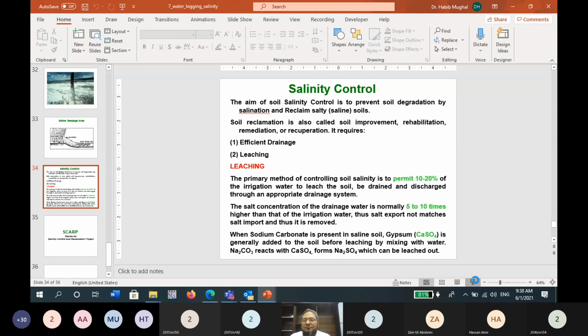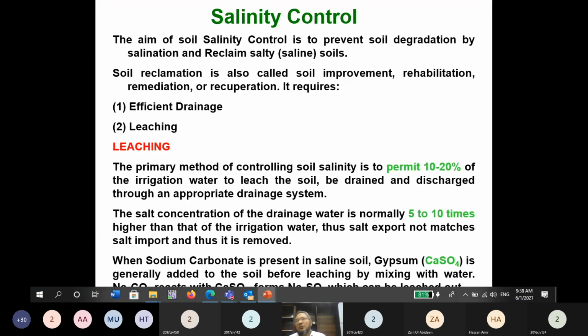Alright. So this is how we can control the salinity. तो जी salinity को कैसे control करेंगे? By two steps. Number one, by providing proper efficient drainage, और drainage में surface और subsurface drainage दोनों. And दूसरा कौन सा step है?